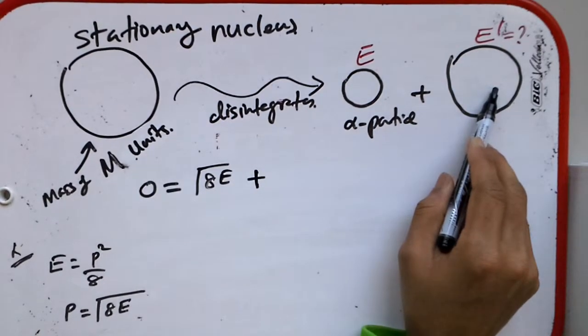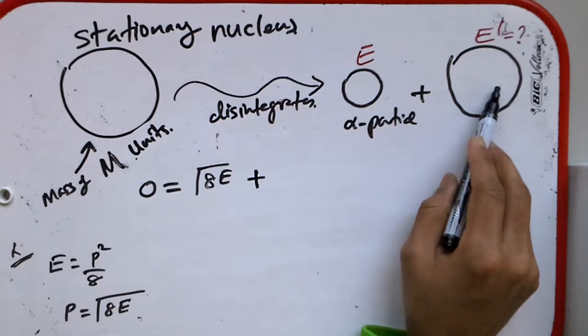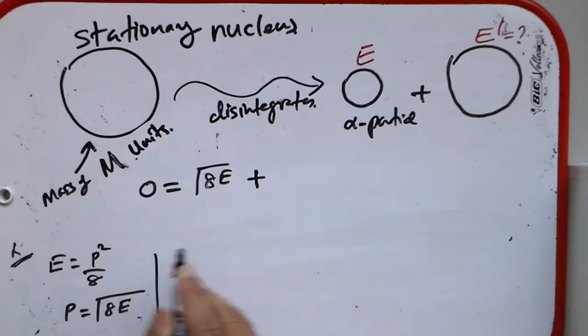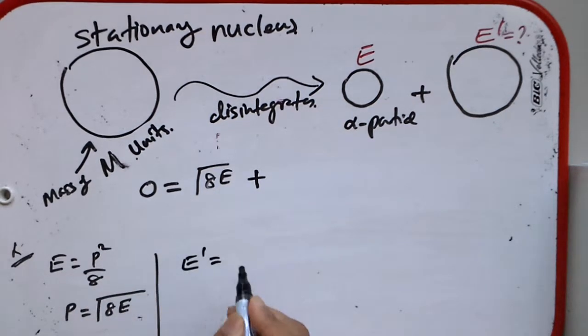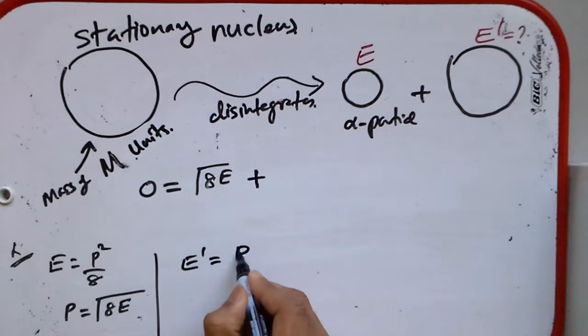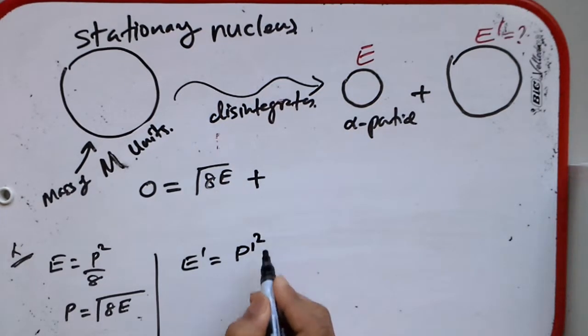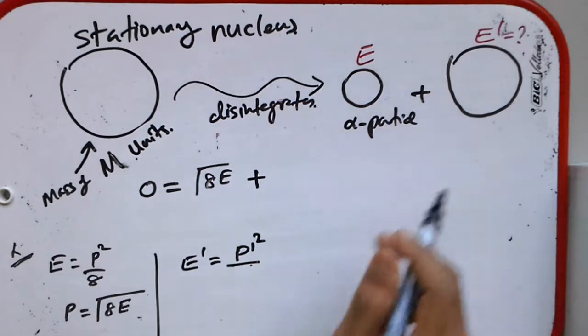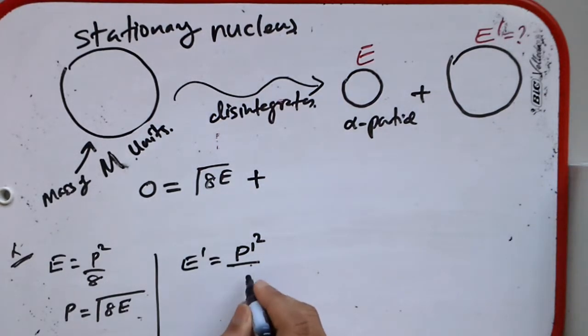Plus what is the kinetic energy of this residual nucleus, which we said is E prime. I'll use the same equation. E prime is equal to P prime squared over 2 times the mass of this residual nucleus.